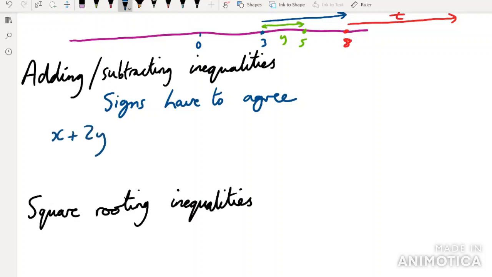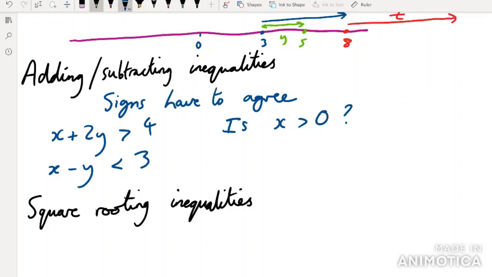x plus 2y is greater than 4. x minus y is less than 3. Is x greater than 0? You may look at this and say, well, the signs don't agree, so we can't add them.